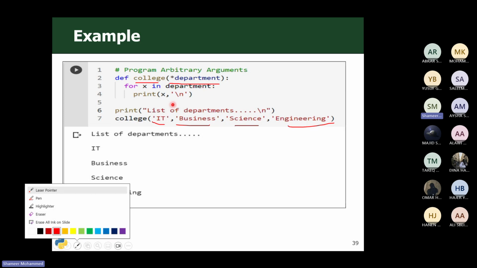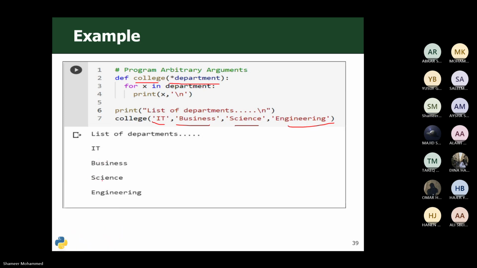If you write like this, this one star, that is known as this one. You can pass any number of arguments. See here, you are calling the function college.